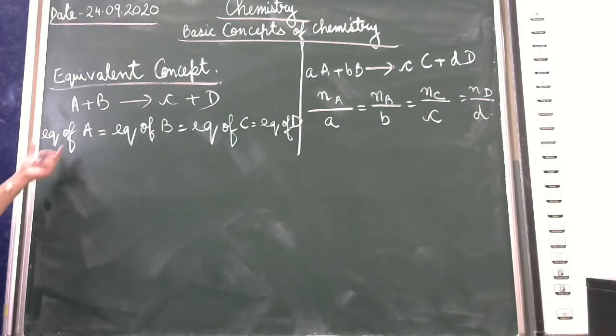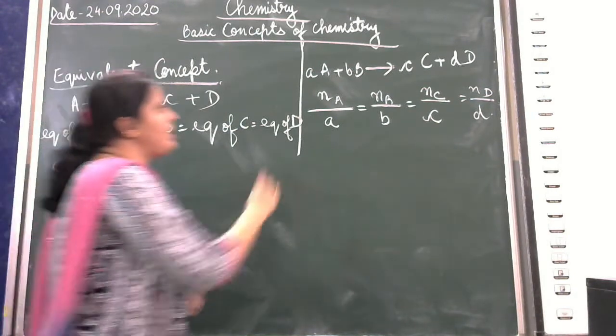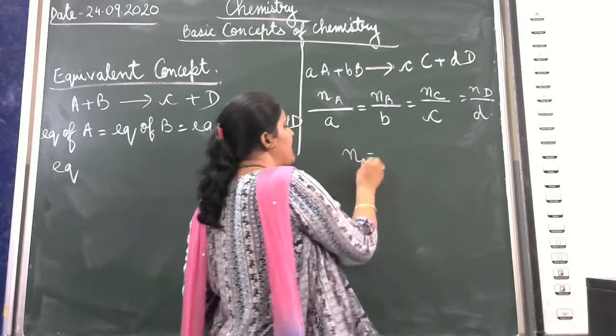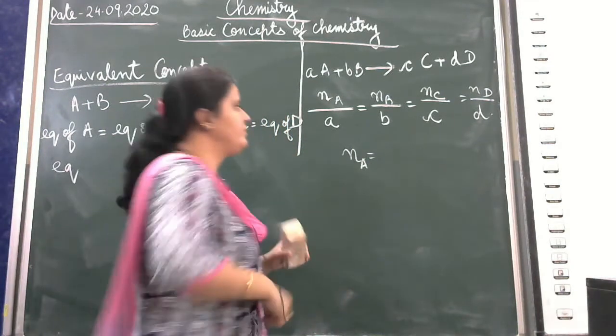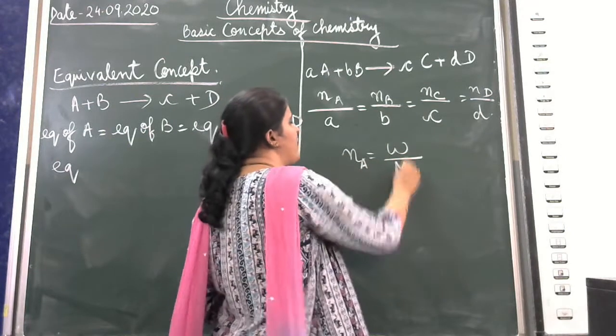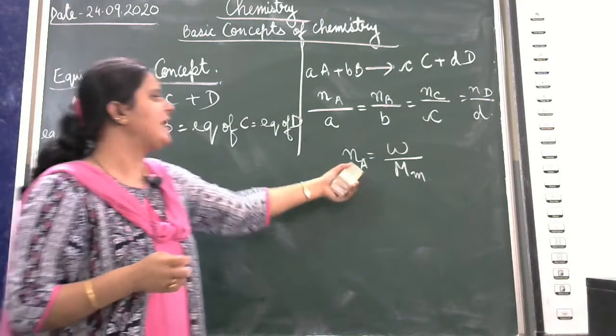Now, what you don't know is what this equivalence is. For calculating it, if you remember, how did we calculate moles? We took the weight of a particular substance divided by its molecular mass. This is how we calculate moles.